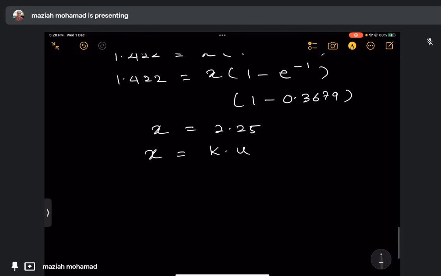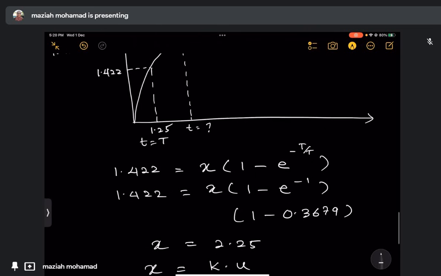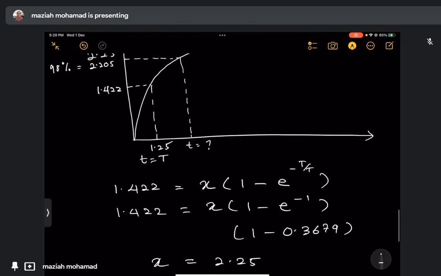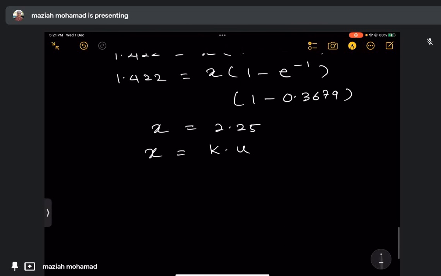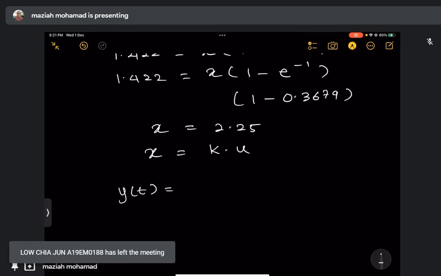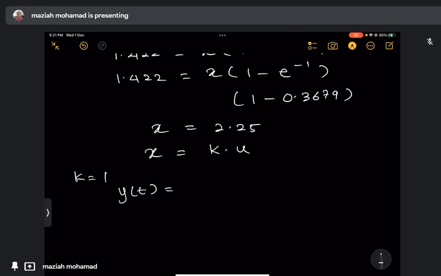Okay, so that's why if we put the standard equation y(t), because y(t), the one that we derive is considering K equal to 1. So y(t) is 1 minus exponent negative t per T. Okay.